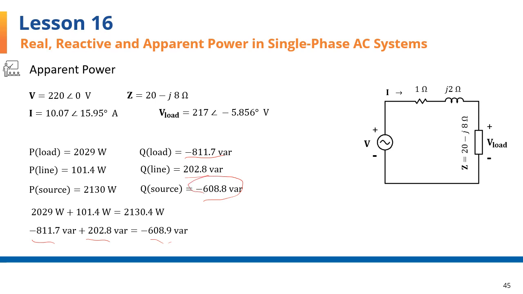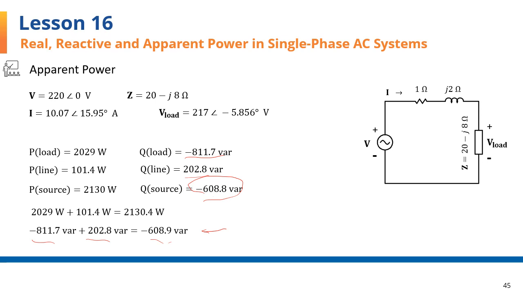The difference is only 0.1 var. Another interpretation of this equation is that 202.8 vars of the 811.7 vars of power that was generated by the load has been lost in the line, and the rest, which is 608.9 vars, is absorbed by the source.